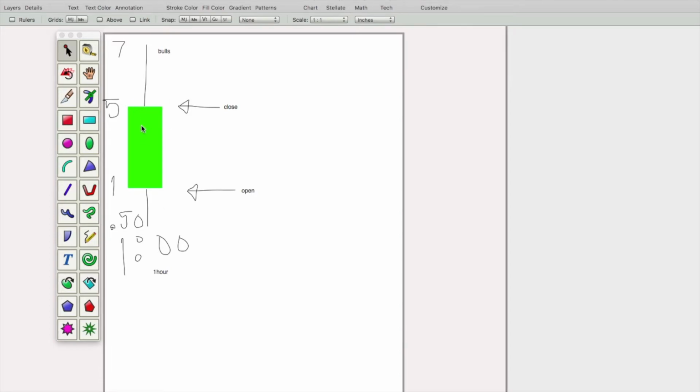So 1 o'clock, this candle finished at $5. The next candle that opens up will open on the close, because this is where it finished. It started here, but it finished right here. So it picks up where it left off at $5. So this candle picked up at 5.